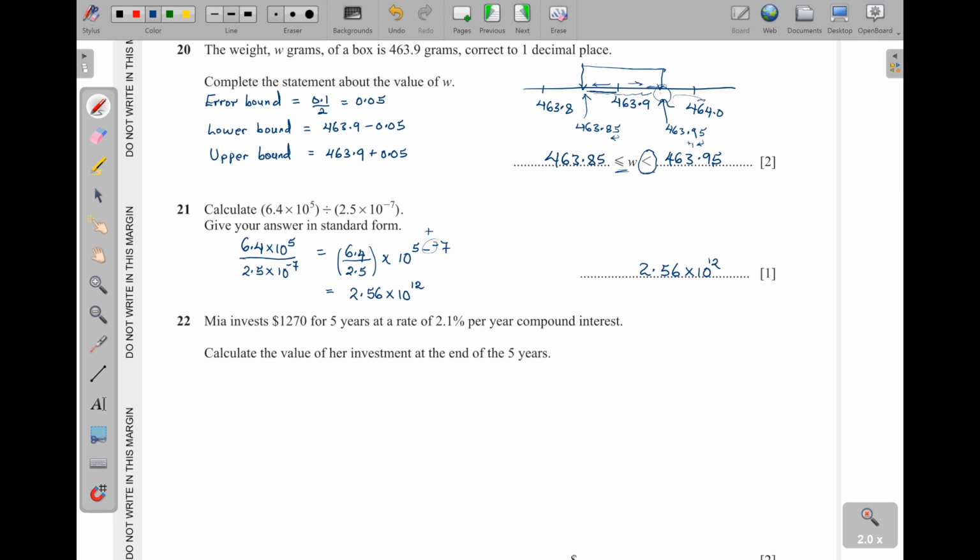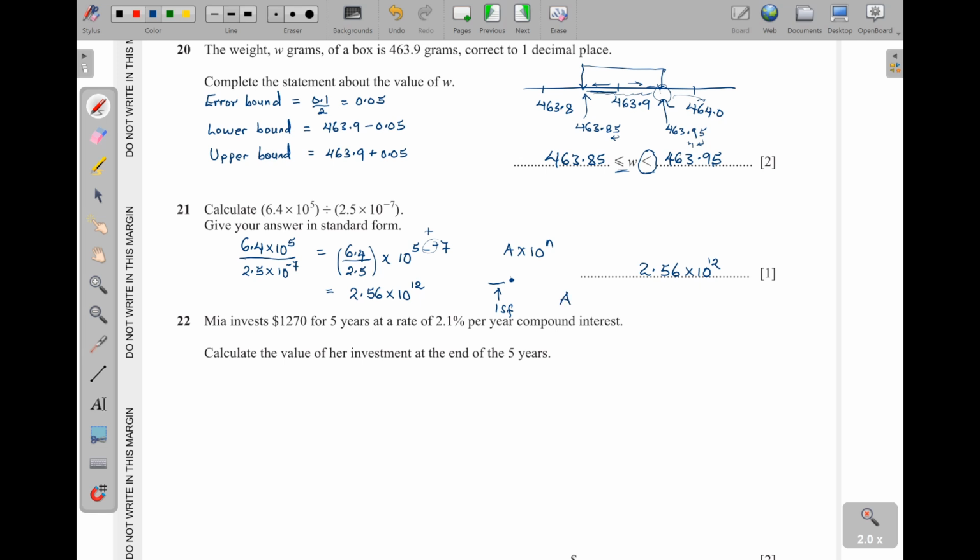Remember, when we are writing standard form, we must write something of the form a times 10 to the power n, and there has to be one significant figure on the left of the decimal point. So it's something, then point whatever, then times 10 to the power something. Zero is not a significant figure here, though 0 can be a significant figure if it is in between other figures.